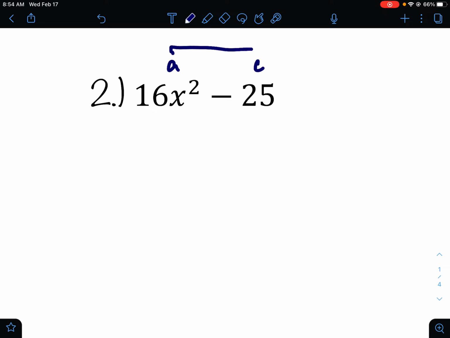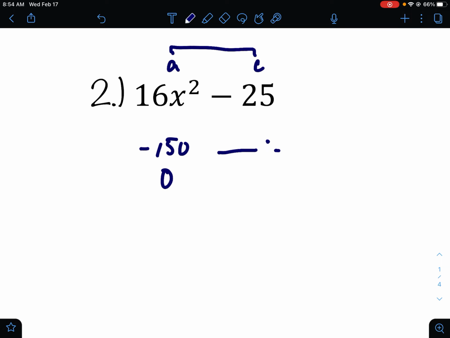So when you do your a times your c, you're doing 16 times negative 25. So let me just get the calculator out because I don't know that off the top of my head. 16 times 25. So negative 150. And then my b, which is non-existent, would just be 0.